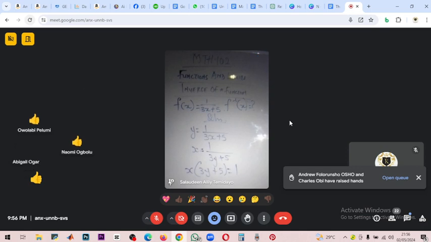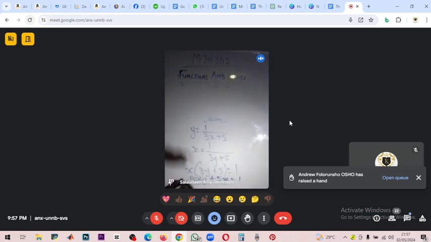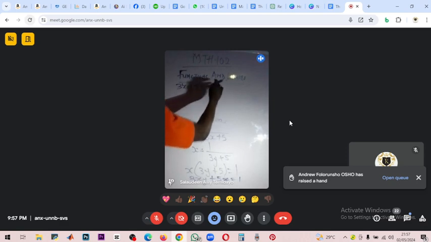Okay, so we can expand this bracket by multiplying x by 3y, that is 3xy, plus x by 5, that is 5x, equals 1.